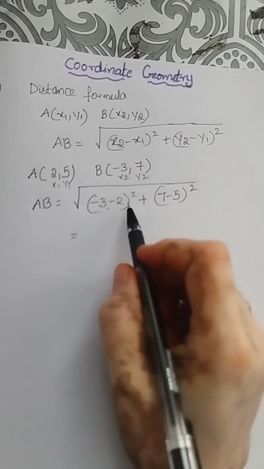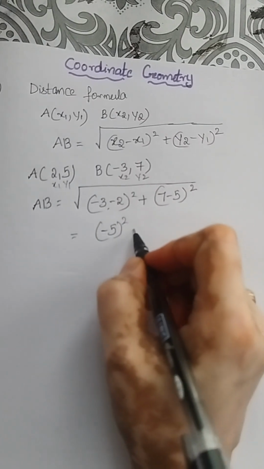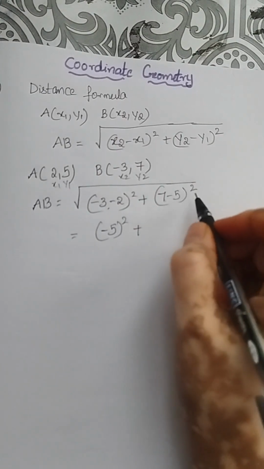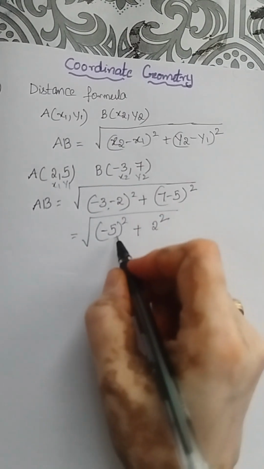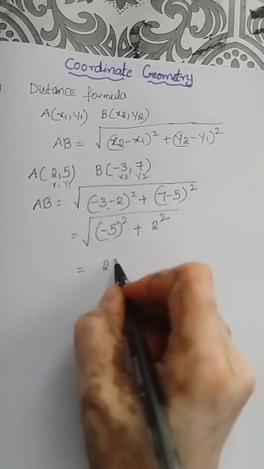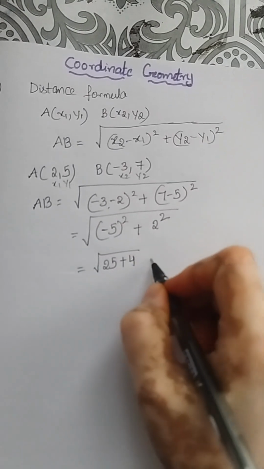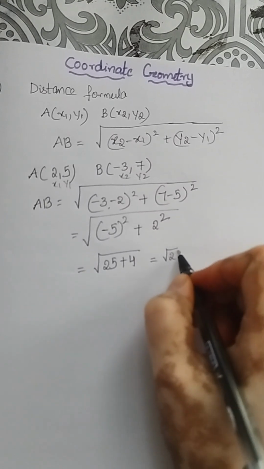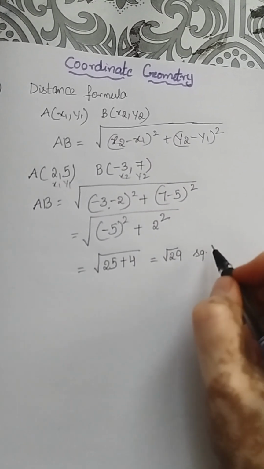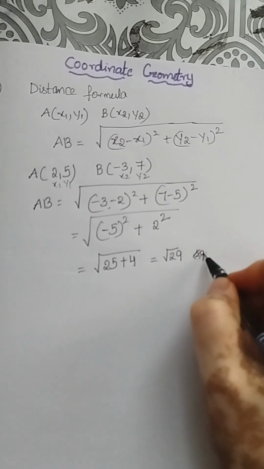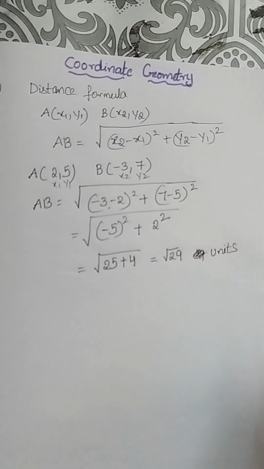Minus 3 minus 2 means minus 5 whole square, plus 7 minus 5 is 2 square. So this is 25 plus 4, so I will get root 29 units, not square units, just units, because this is not area.